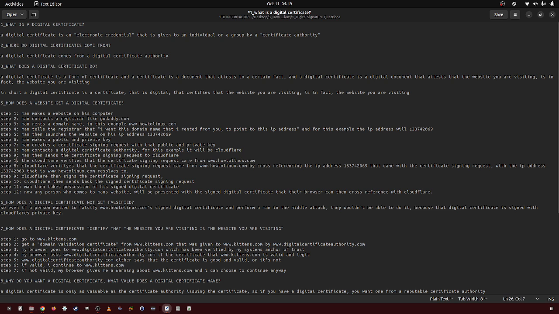Step 10. Cloudflare then verifies that the certificate signing request came from howtolinux.com. Step 11. How do they do that?